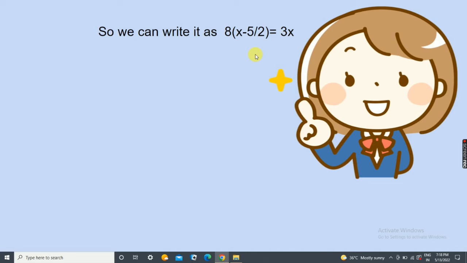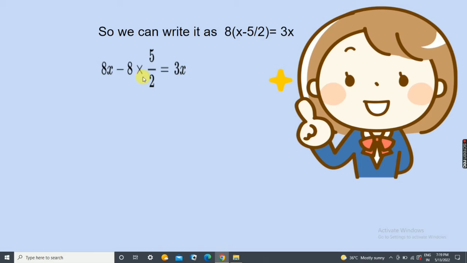Now we multiply 8 with x and 8 with 5 upon 2, applying the distributive property. We get 8x minus 8 multiplied by 5 upon 2 is equal to 3x.